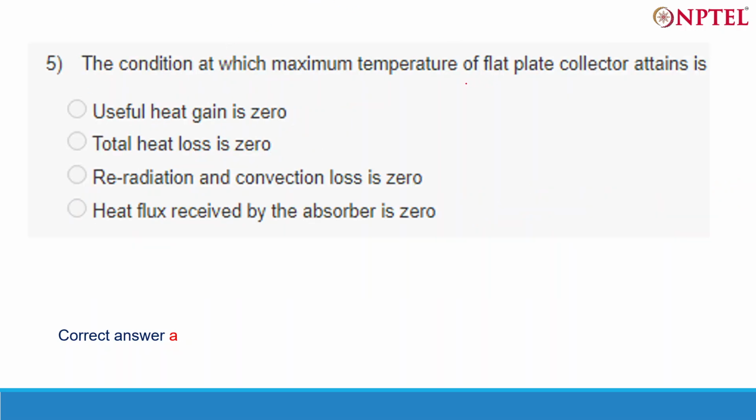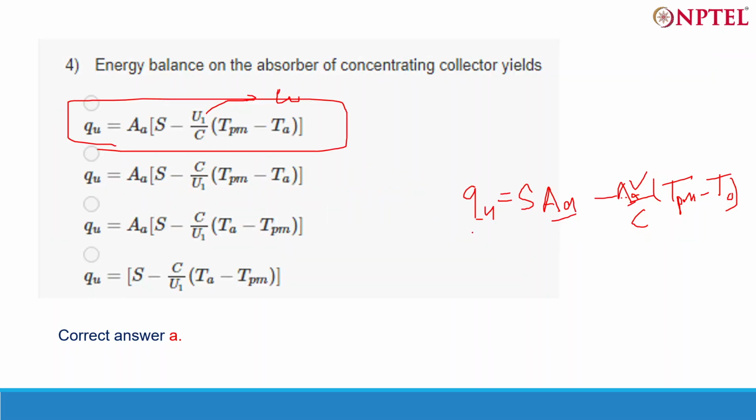The condition at which the maximum temperature of a flat plate collector is attained is... I think this question has been discussed in the previous lecture also. Basically, only when the useful heat gain is zero is the maximum temperature of the flat plate collector attained. Useful heat gain is whatever heat is received minus the heat being taken by the liquid; this is the useful heat, Qu.